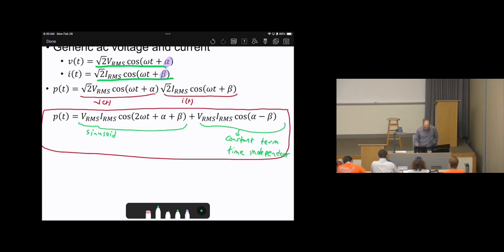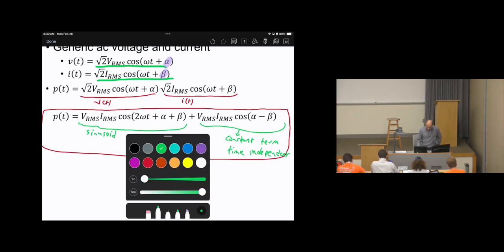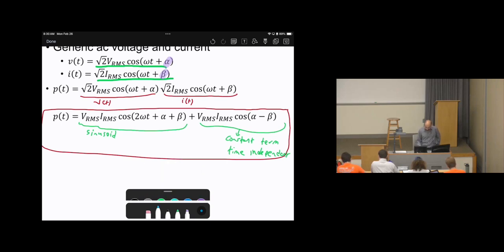What's the other thing that we can realize? We have 2 times omega. So this is called the double frequency term. Again, this sinusoid term is time dependent.